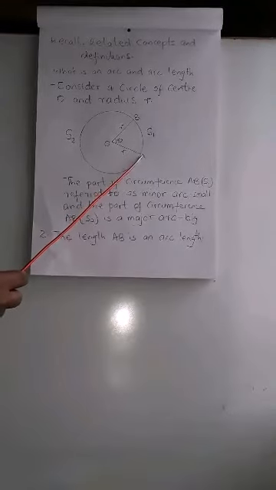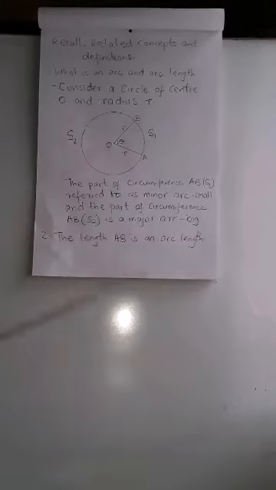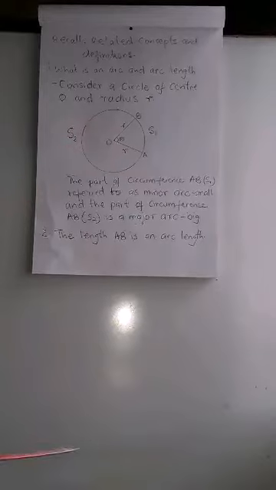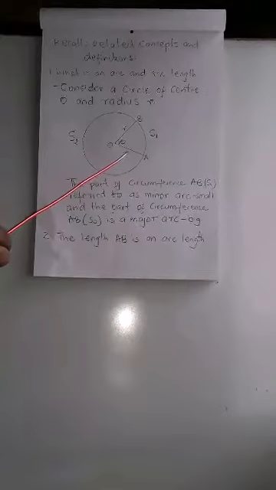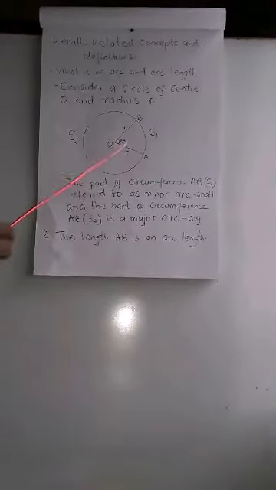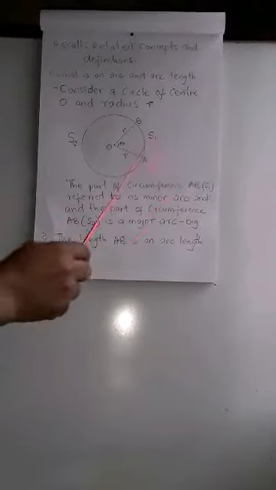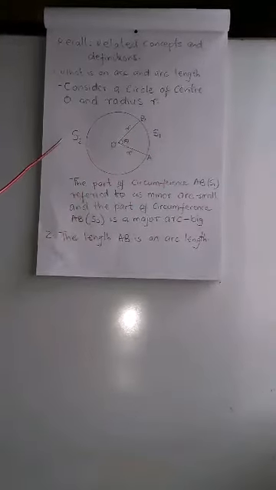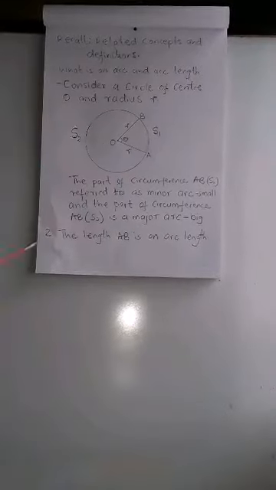This portion of the circle, AB, which I have labeled S1, is called an arc. But you'll notice that there are two portions, AB S1 and AB S2. So S1 is called the minor arc because it's a small part of the circumference. Then S2 is a major arc because it is a bigger part of the circumference.